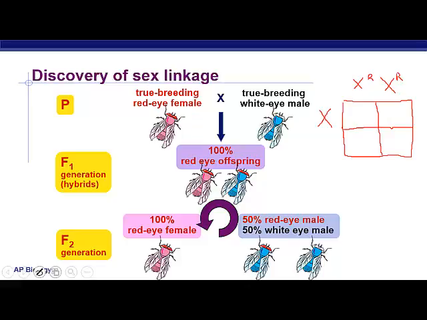Little r because he has white eyes, okay? And he's got a Y because it's a guy. And then we're not going to put anything right here. We're not going to put a letter here because nothing goes there because the Y chromosome does not have the gene.